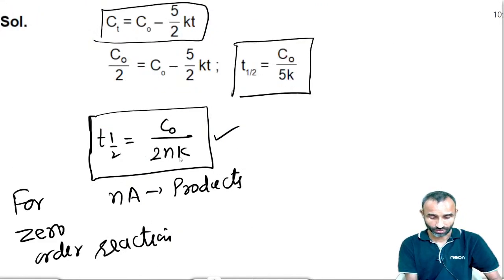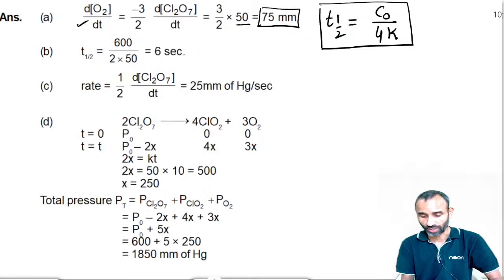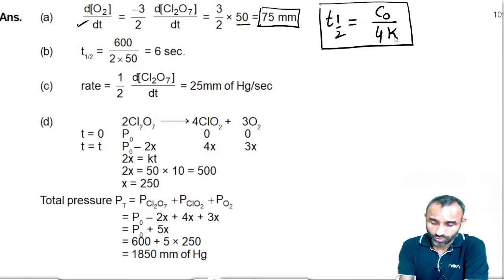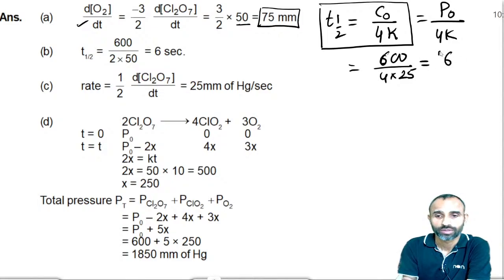See this one, 2nK, P naught by 2nK. So here, because n is 2, it is 4K, and instead of C naught we take P naught over 4K. 600 over 4 into 25 comes out to be 6 seconds.